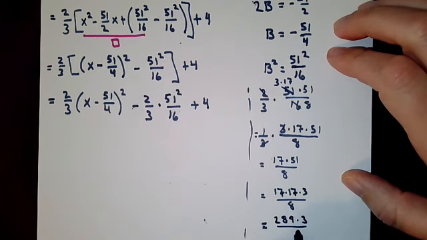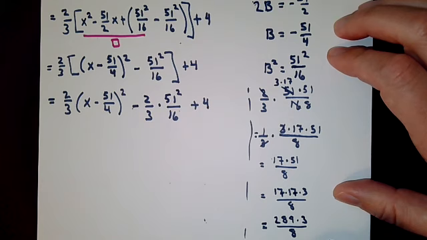289 times 3 over 8. So let's see here. 3 times 200 is 600. 3 times 80 is 240. 3 times 9 is 27. So it's what? 840, 60, 867 over 8.